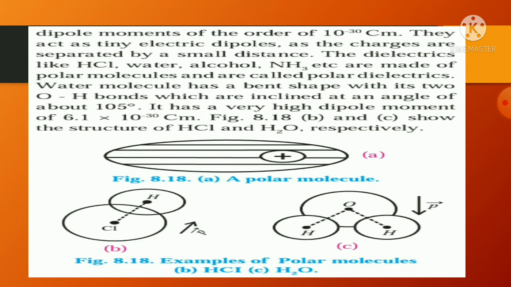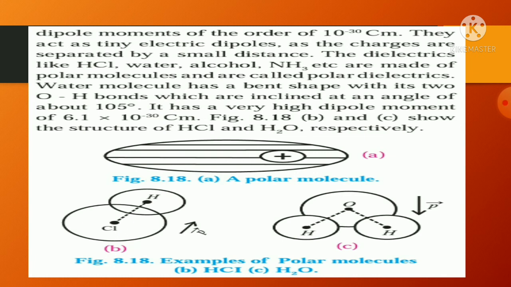The water molecule has a bent shape with its two O-H single bonds, oxygen to hydrogen, inclined at an angle of about 105 degrees.